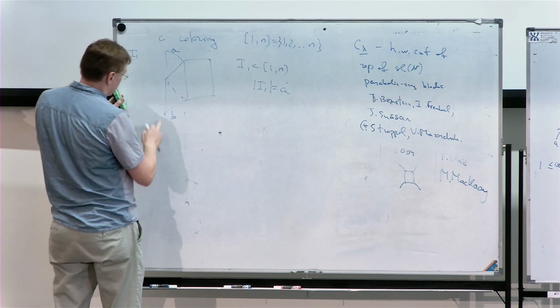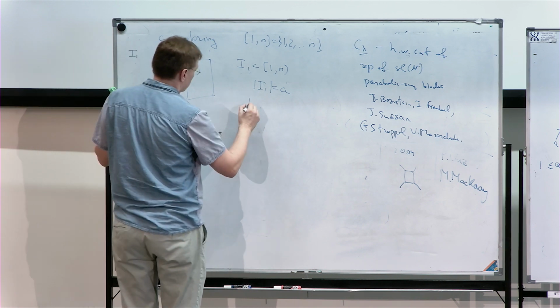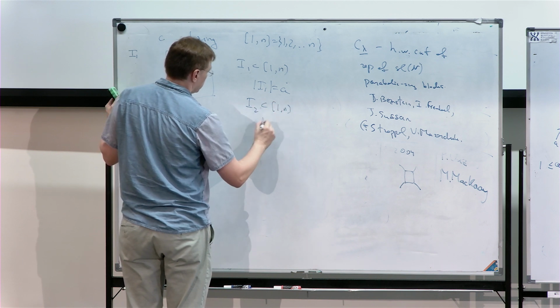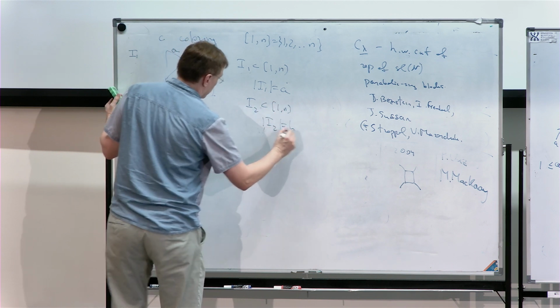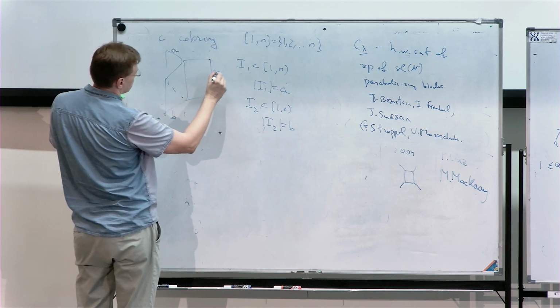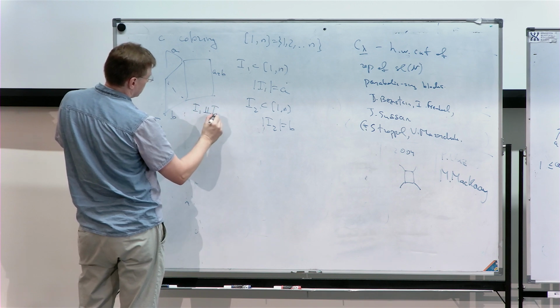To a facet of thickness B, you assign I2, a subset of the colors of cardinality B. And you require a kind of flow rule: to the facet of thickness A plus B, you must assign the disjoint union I1 union I2.